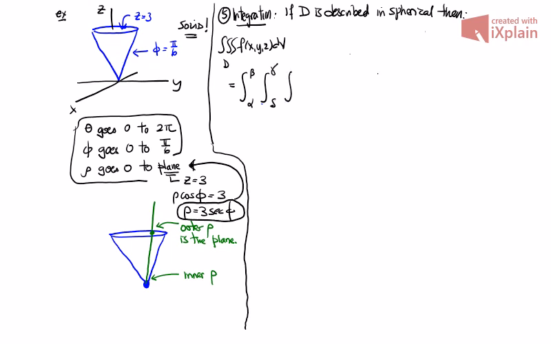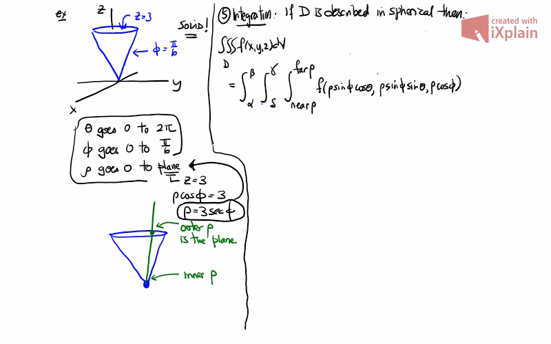The next ones are the range of rhos, near rho and far rho. Then we have our f, but we have to replace x, y, and z according to spherical. So we'll have rho sine phi cosine theta, rho sine phi sine theta, and rho cosine phi.